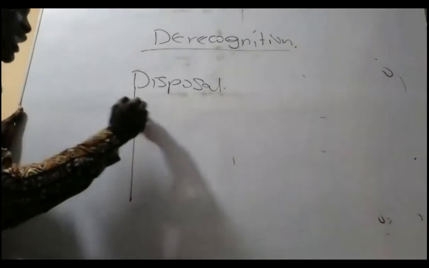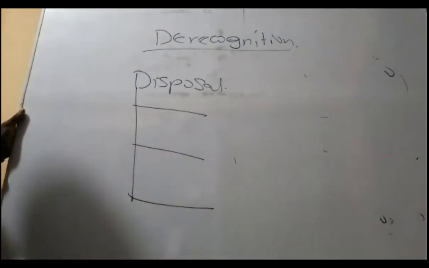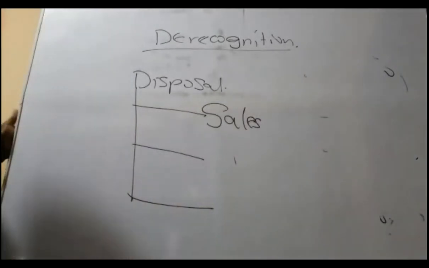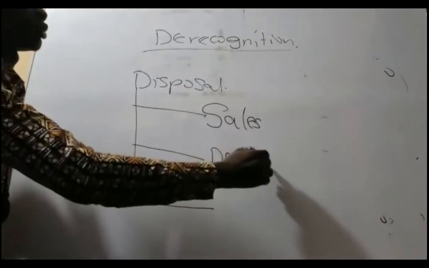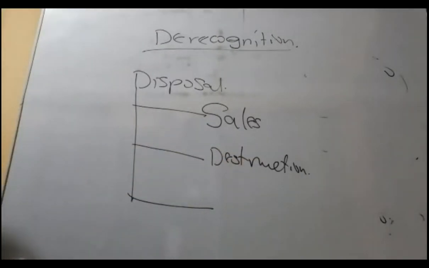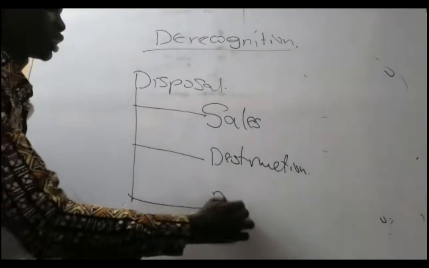You can dispose of assets in three different ways. Disposal by sale. Disposal by destruction, destroying the asset. Good. You can also dispose of the asset by donation, right?